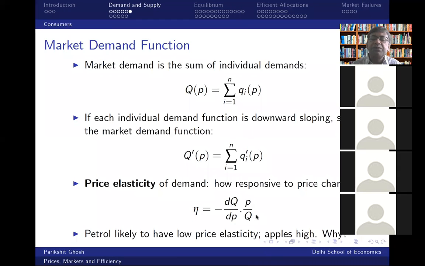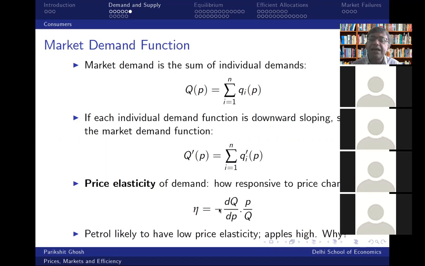So dq divided by q in some sense is the fractional change in quantity purchased, and dp divided by p is the fractional change in the price, right? So this ratio tells us that, for example, if there's a 1% increase in price, by what percent will quantity go down, right? That's what the elasticity measure is capturing.